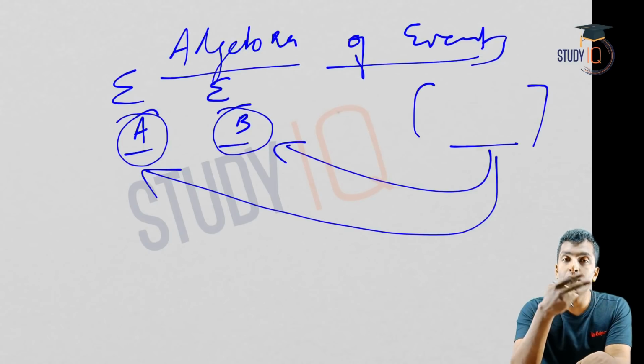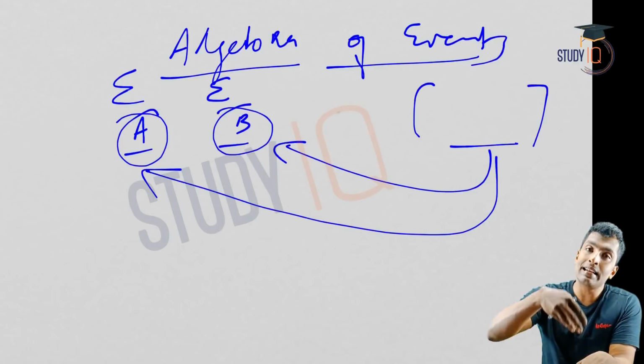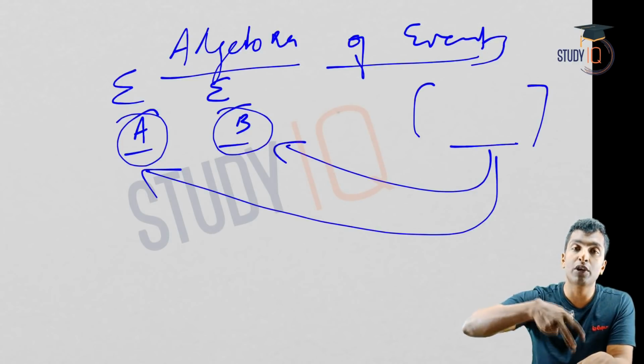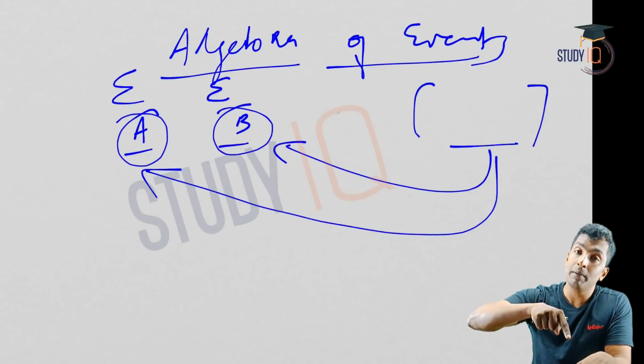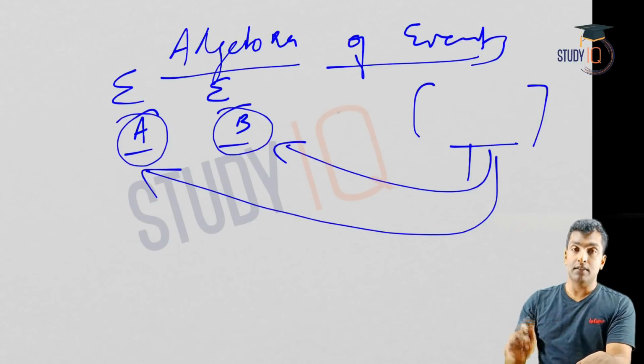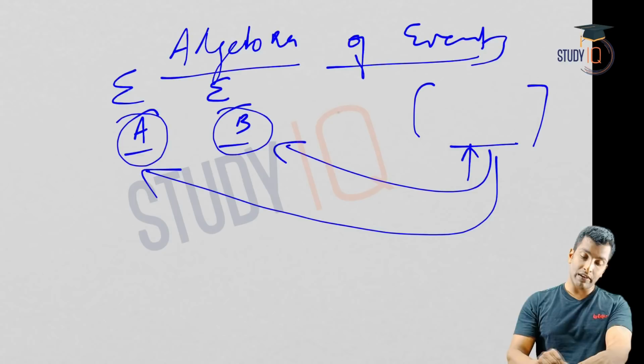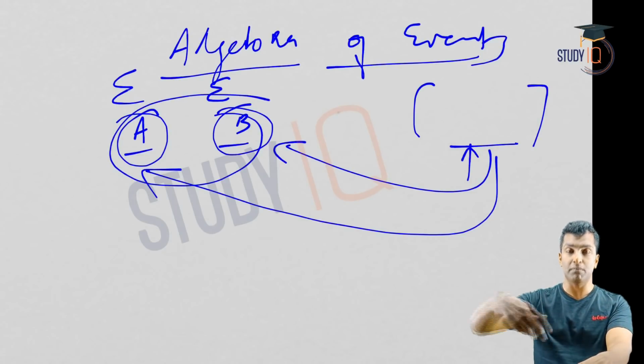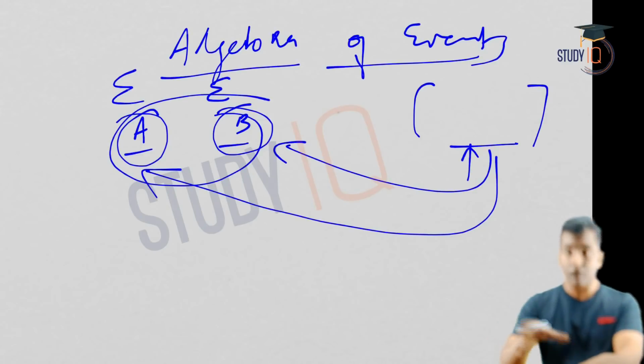So we have been given two subsets, and we are going to create more subsets, or in probability language we can say we are going to create more events with the available two events, which are again going to be subsets of the sample space. Whatever events we create are going to be subsets of the sample space, but anyway we don't know the sample space here, we'll come to that.